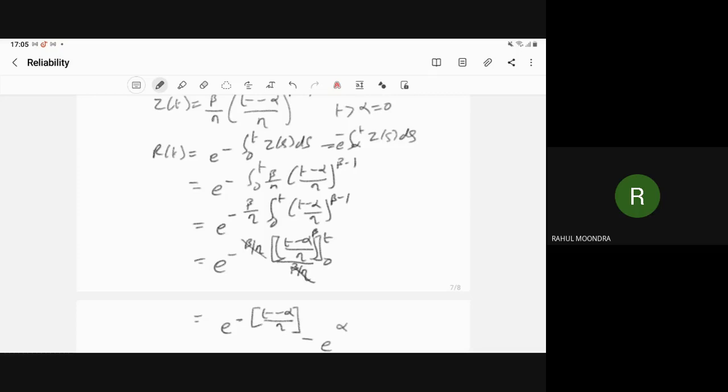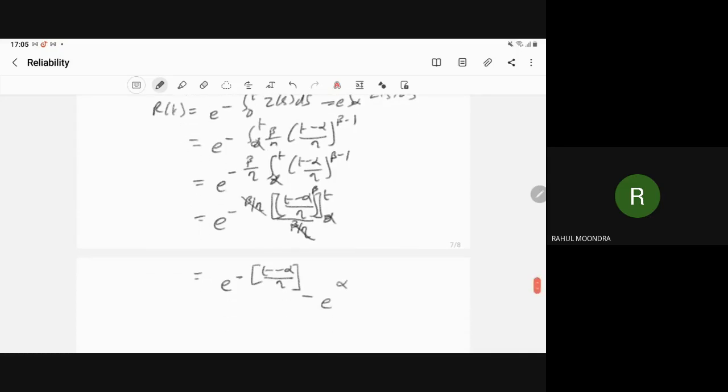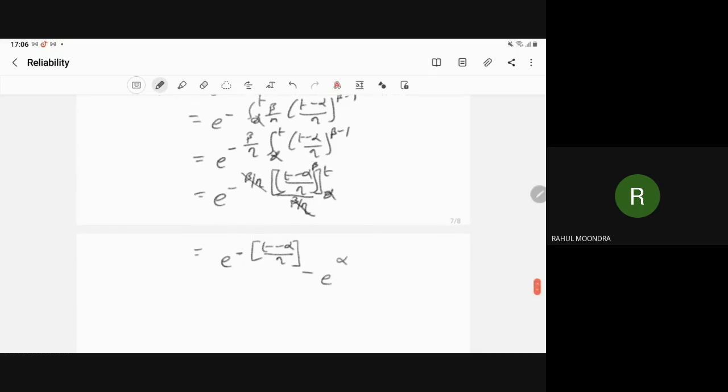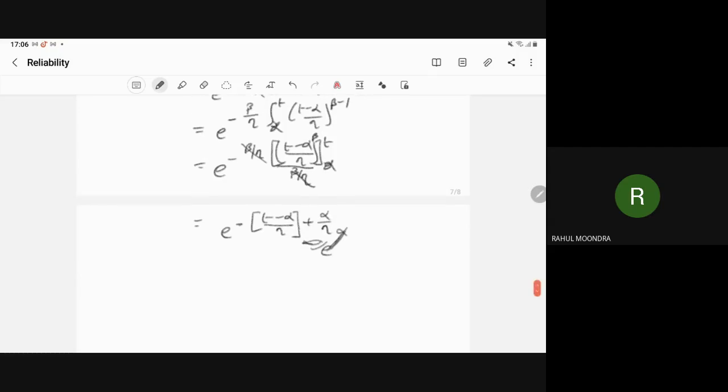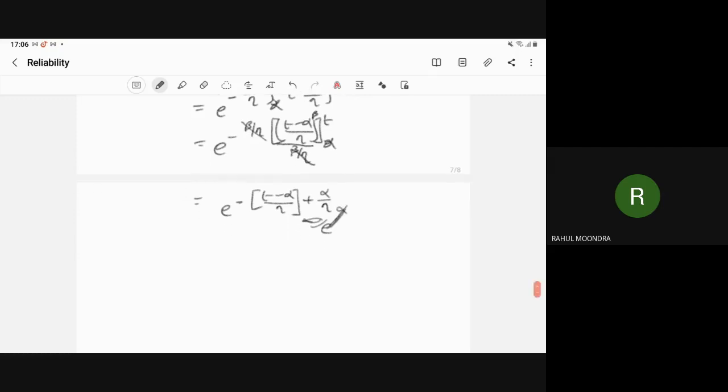When we take alpha to t, it will give you e to the power minus (t minus alpha upon eta) to the power beta, plus (alpha upon eta) to the power beta. This we can write. So this is the reliability.